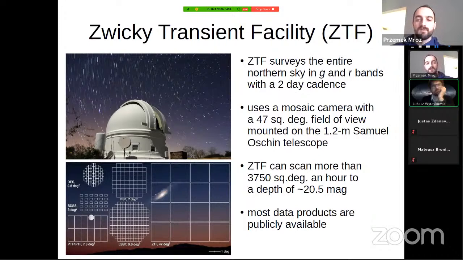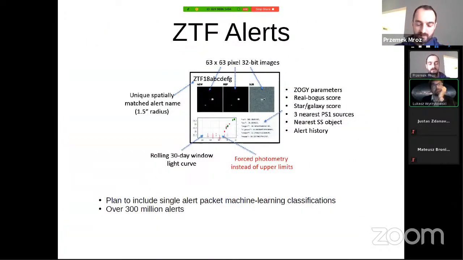What is also important, most of our observations and most of our data products are made publicly available to the whole astronomical community. And this includes ZTF alerts. So every time we see a star changes its brightness significantly, or we see a new transient appears in the sky, we release an alert, like 15 or 20 minutes after the observation.